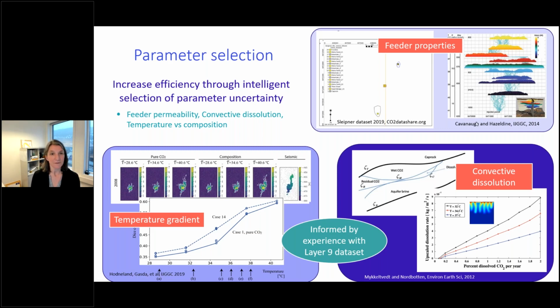There's been a wealth of studies on convective dissolution from a theoretical standpoint, modeling, laboratory, and there's been one time directly applied to the Sleipner. We're looking at the layer 9, and I'll just make sure to point out that a lot of our experience is based on the top layer, and we haven't looked at this for the full Sleipner model, and that's where we move today. Next slide, please.